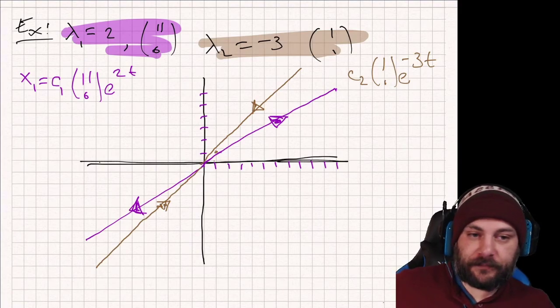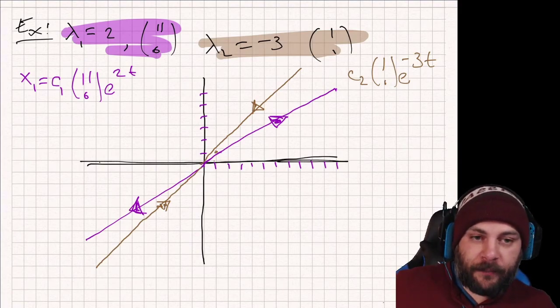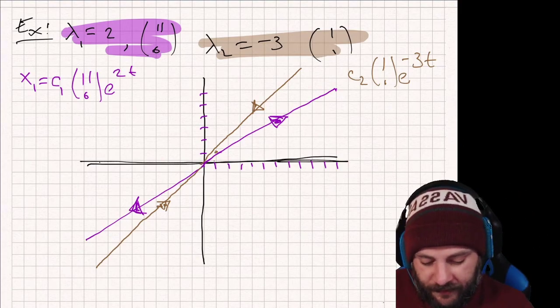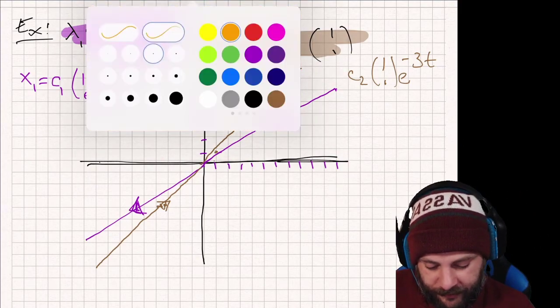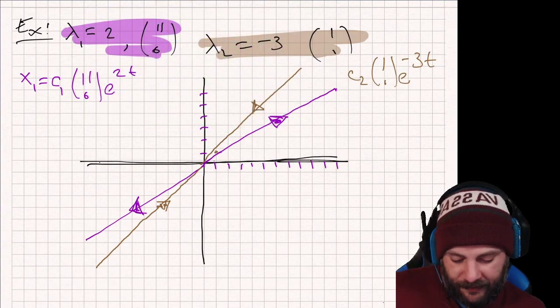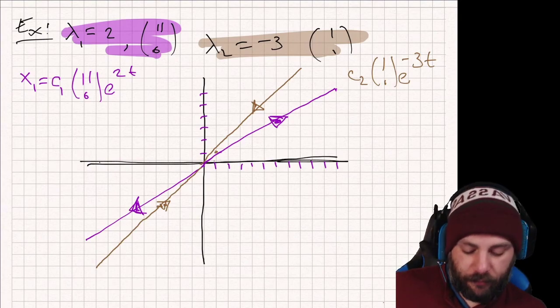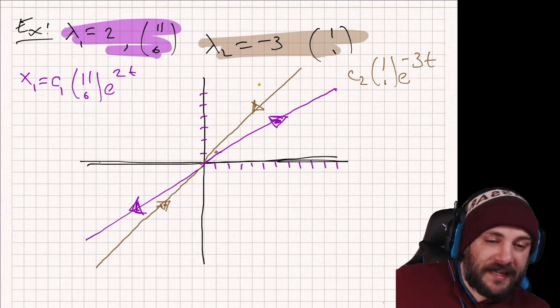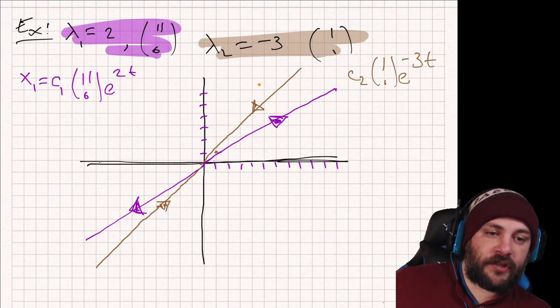All right. Now, this one you don't really need to do as much of a back of the envelope calculation to figure out what goes on for particular initial conditions. Let's pick an initial condition up here in the first quadrant, just above the brown curve. Right there. If I look at it, which solution am I closest to?